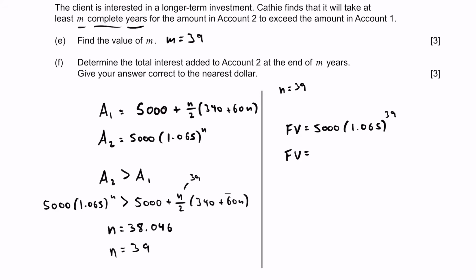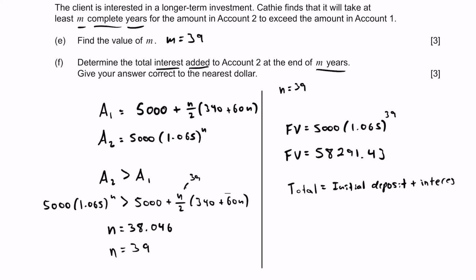Final value, $58,291.43. But they're not asking for the total amount, they're just asking for the interest that was added at the end of m, or in this case, 39 years. So the total amount is itself made up of, well, our initial deposit, how much money we put in at the very beginning, plus the interest that we've earned.